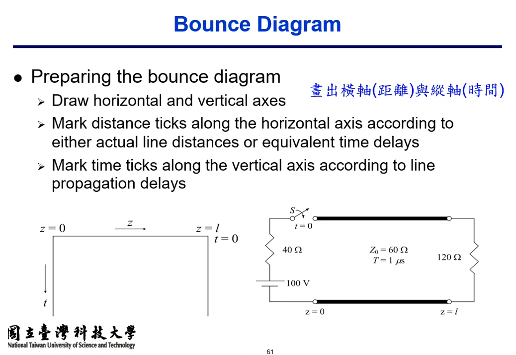So the total current will be 0.625 amp, and the total voltage across the load will be 75 volts, right? So that is the so-called saturation.